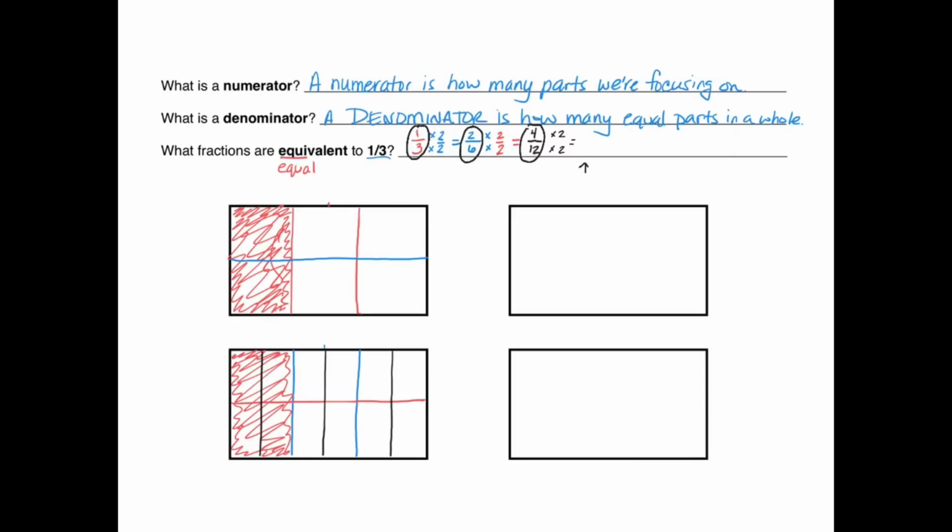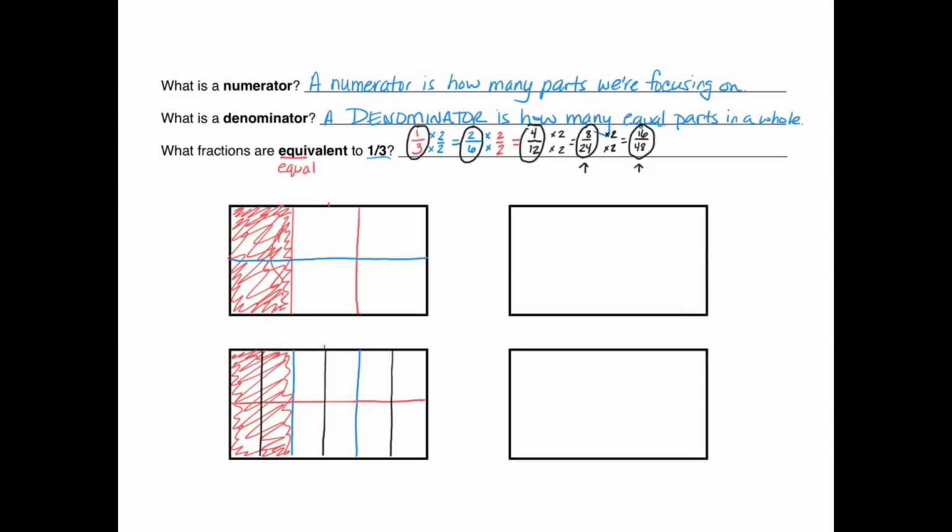So double each piece, show the math work, circle the fraction you get. You don't need to draw it, but let's just see if you can create 2 more equivalent fractions that'll go here and here. And then you can take a peek at your partner when you're done. Okay? Go ahead and pause and do that, and then we'll take a look at the circles.